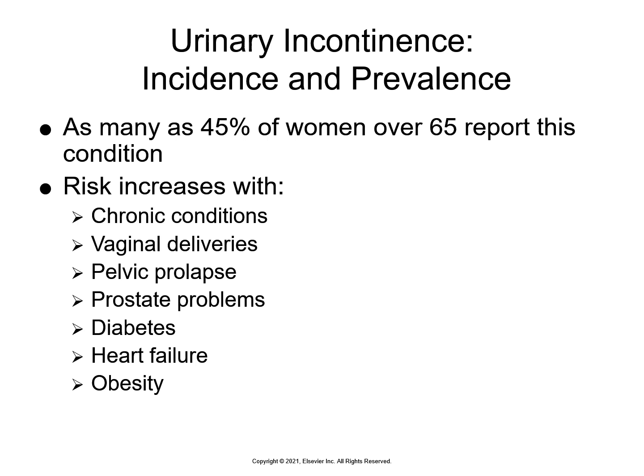So you're going to assess the bladder and you're going to look at everything and you're going to ask them about these chronic conditions that they may have, especially with women who've had vaginal deliveries or have a pelvic prolapse, men who have prostate problems and diabetes and heart failure, and those who are obese.